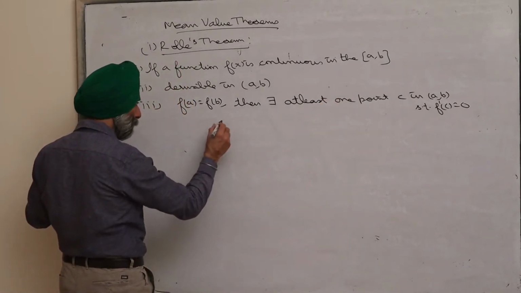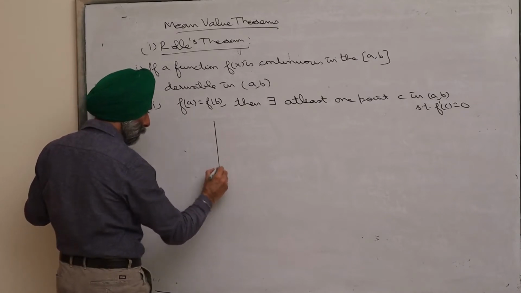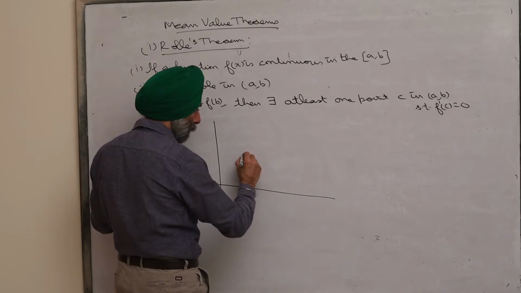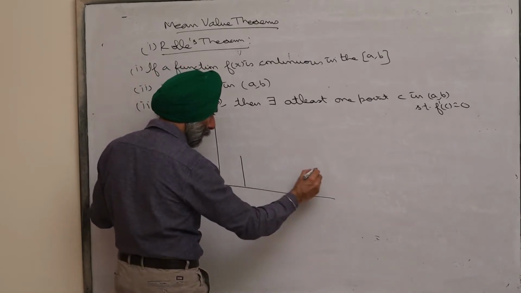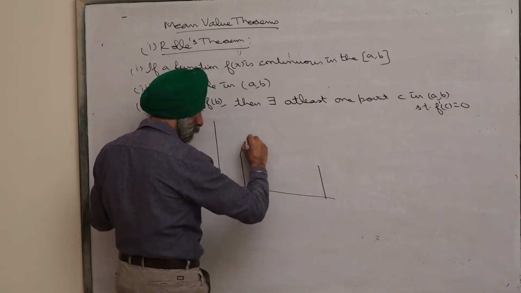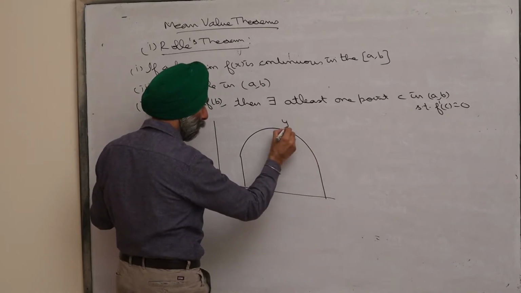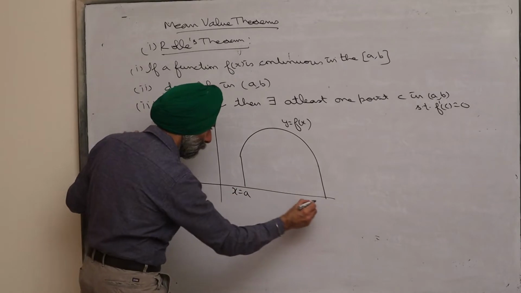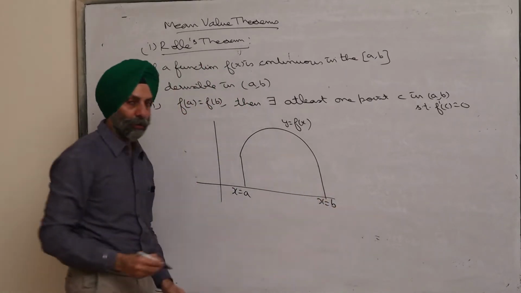Now let us first discuss all these 3 points. Say this is any function y is equal to f(x) in the interval x is equal to a and x is equal to b.